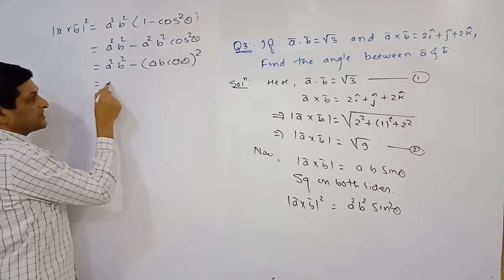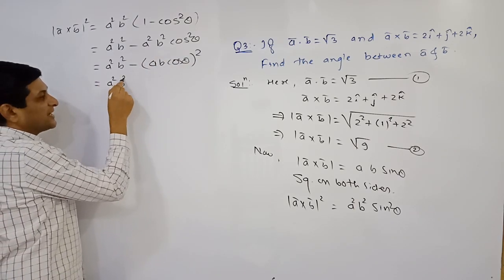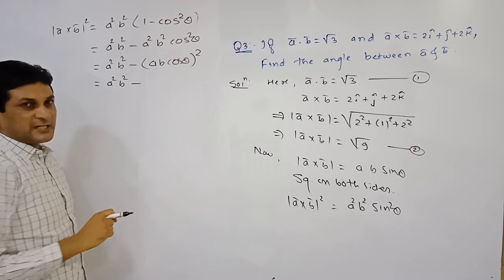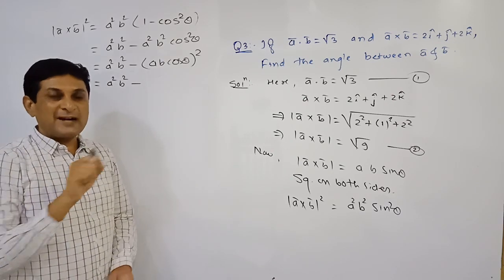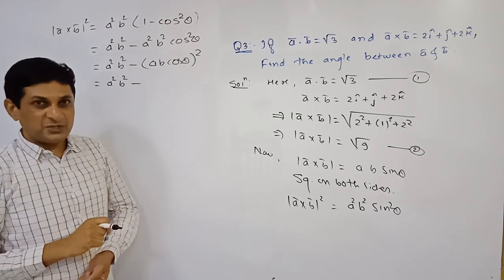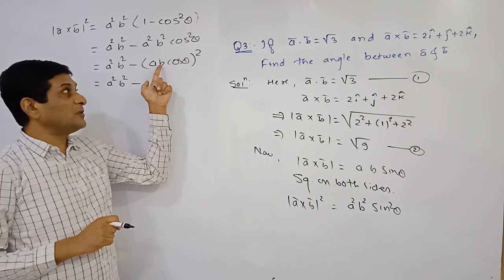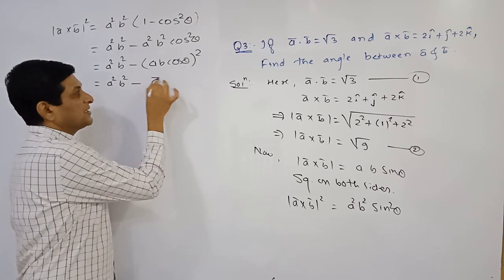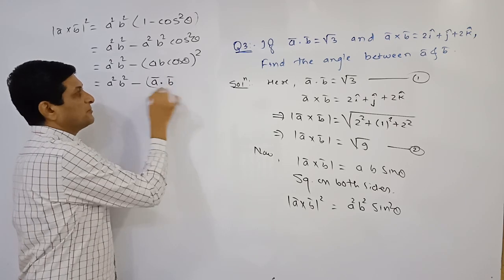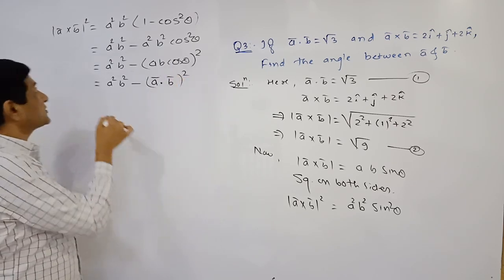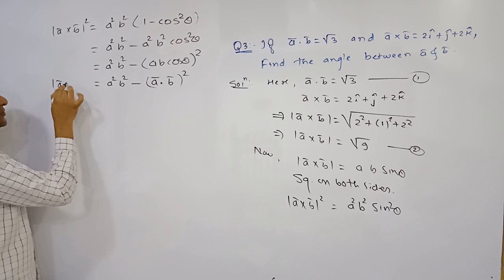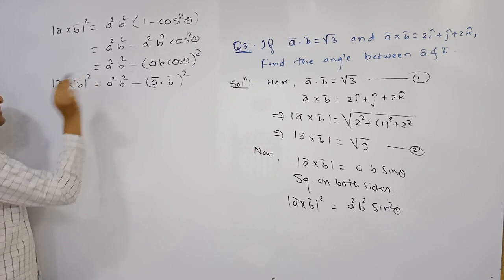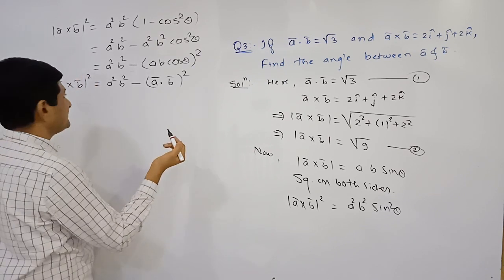So this is equal to A square B square minus, also as it is, the square of AB cos theta. But according to the definition, A bar dot B bar is equal to AB cos theta, so AB cos theta is nothing but the value of A bar dot B bar. Keep this square as it is. On this side, the square of the magnitude of A bar cross B bar also stays as it is.